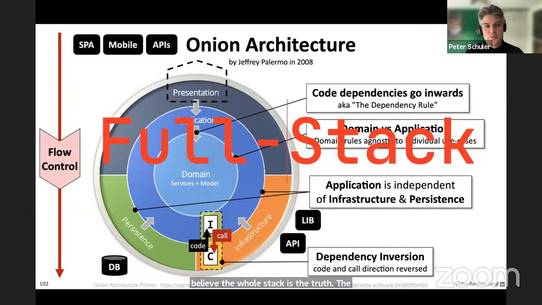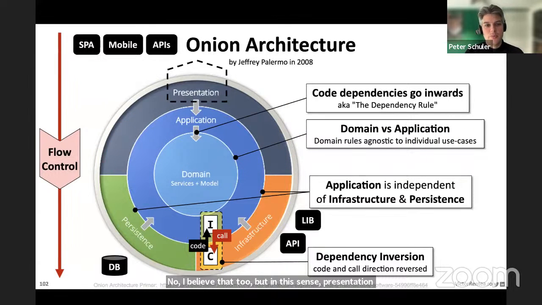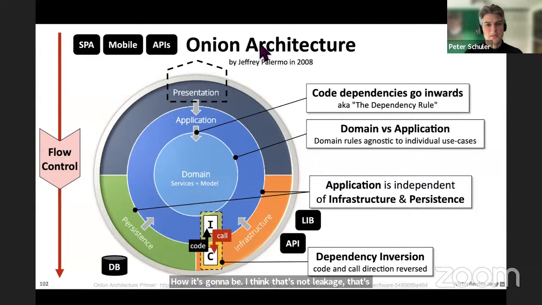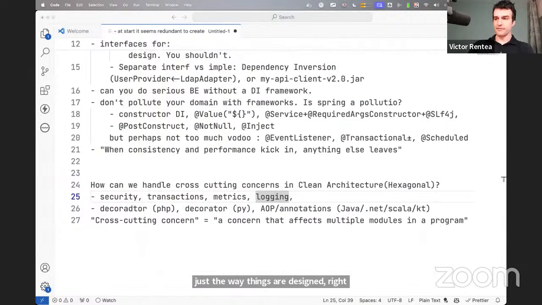But in this sense, presentation has to follow the application. That is the idea of dependency inversion. The application will specify to the presentation layer how it's going to be. So I think that is not leakage. That is just the way things are designed, right? You could say that, yes.